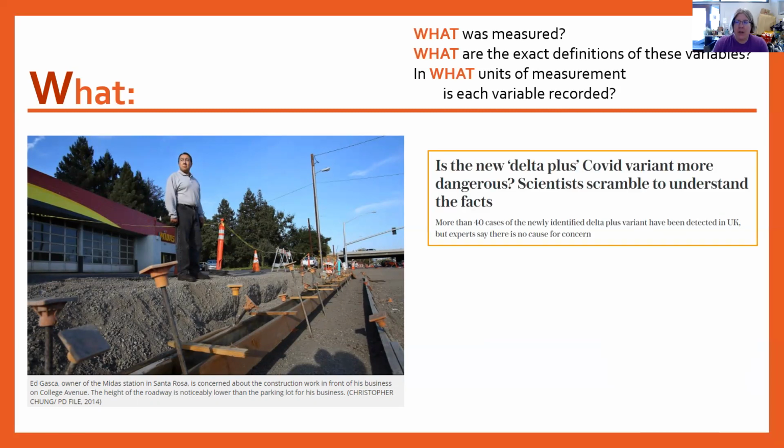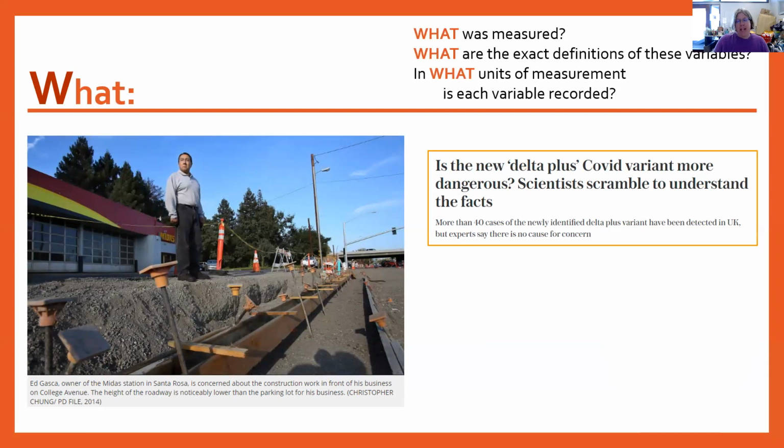Another example, this is from the fall. Is the new Delta plus COVID variant more dangerous? So the question is, what does more dangerous mean? I mean, danger obviously has its own implications, right? Like we should be concerned, but what exactly are they saying is more dangerous? Does that mean it's more transmissible, so more people are likely to get it, but maybe it's more mild?